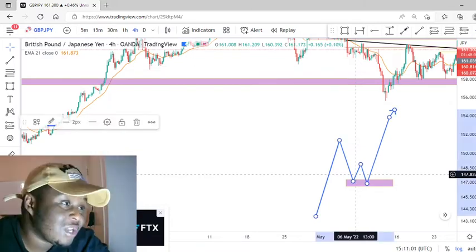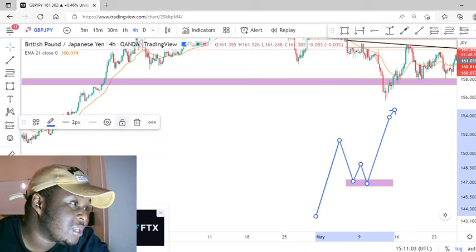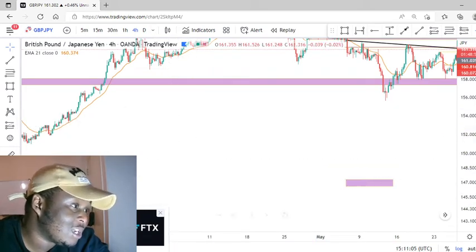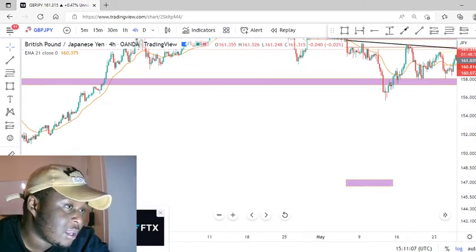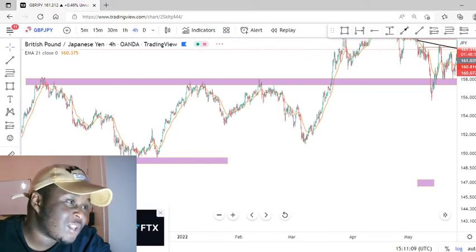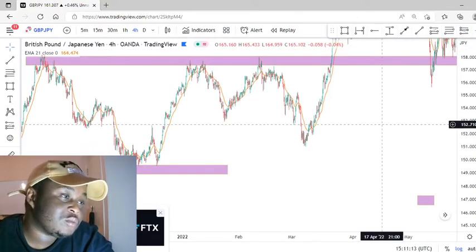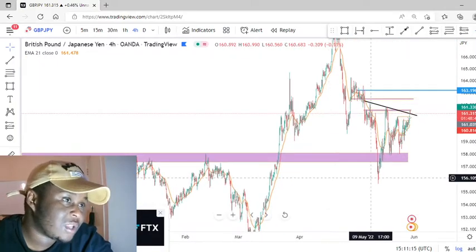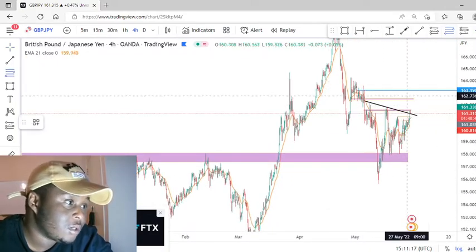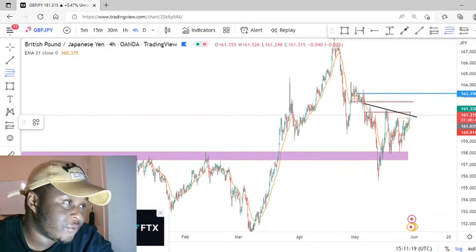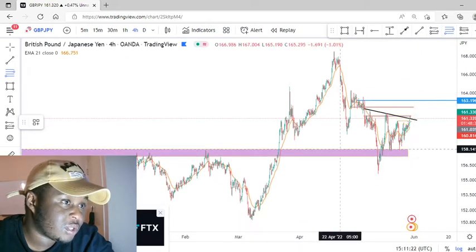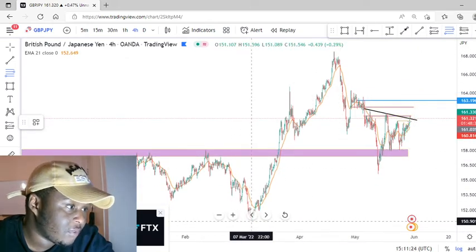And I'm pretty sure it's the 50 fib. If we were to really run our Fibonacci, we'd see that okay, the support is at the 50 or the 618, right? Ideally, it has to be at the 50 or 618. We can really just run our fib for the vibes, honestly. Let me just put it into frame, run the fib.